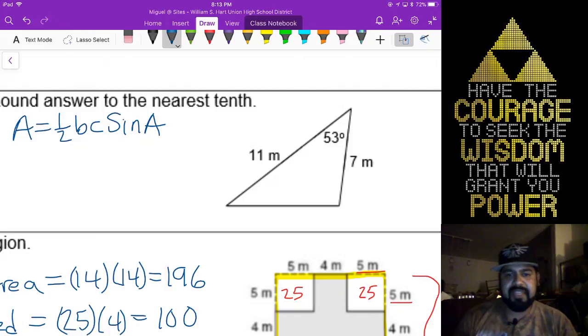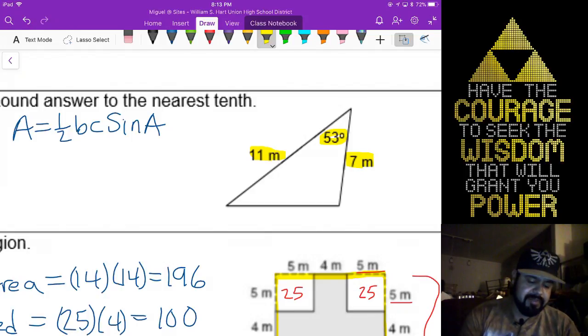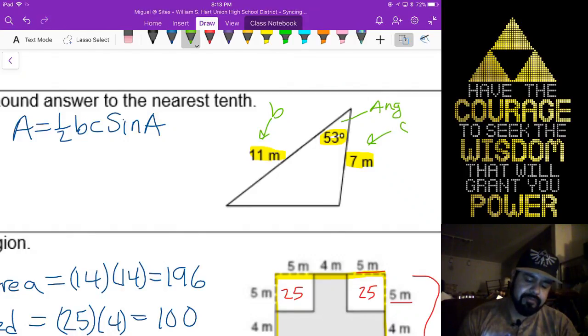What the heck does this mean, Mr. T? Good question. Well, this is a side angle side triangle. And with a side angle side triangle, you can use this formula right away. So we can say that this is B, this is C, and then this is our angle, which is going to go into sine.